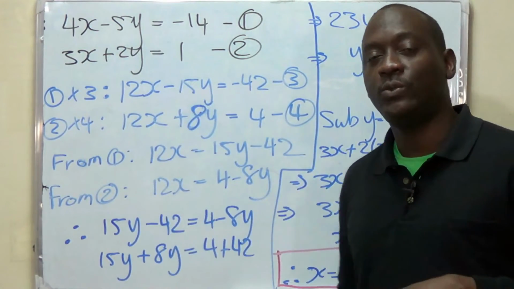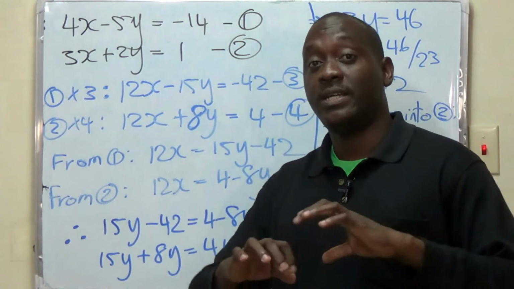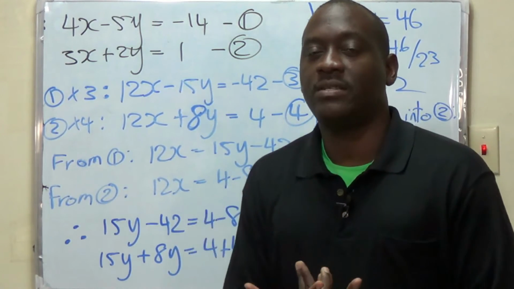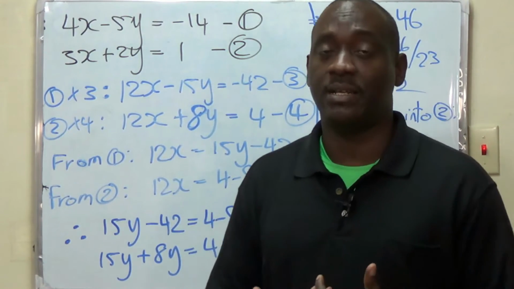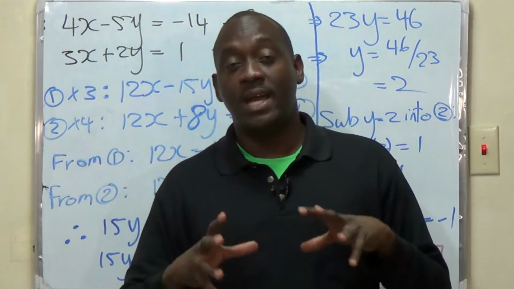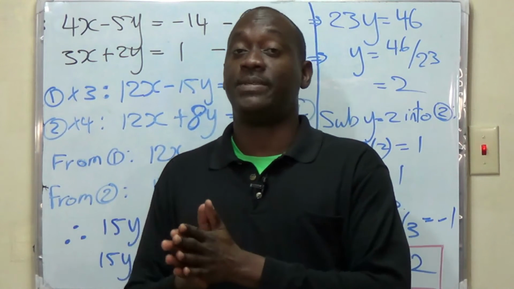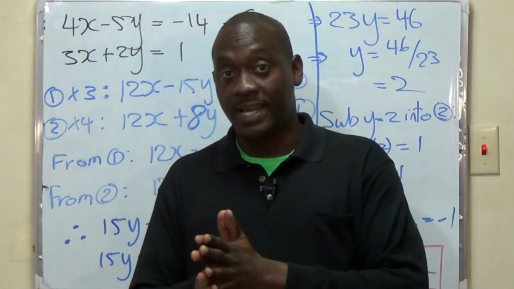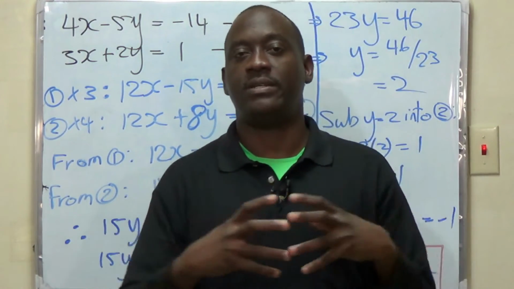So what do we do? We manipulate the equations. We change the appearance of the equation without changing the value. Let me talk about that a little bit again. When you have an equation, so long as you do the same thing on the left side that you do on the right side, then the value of the equation remains.